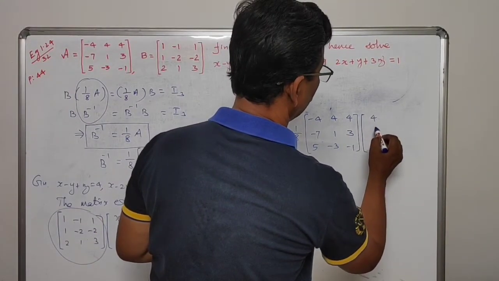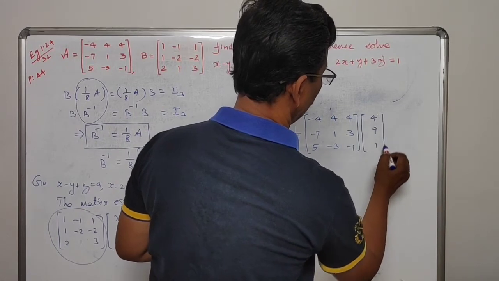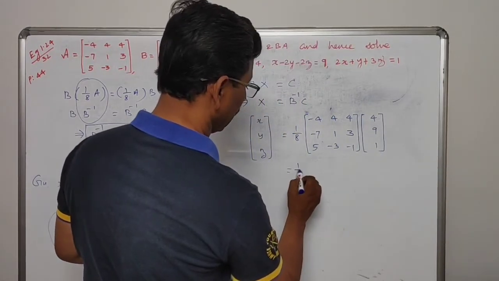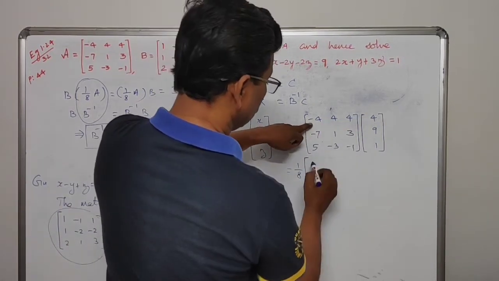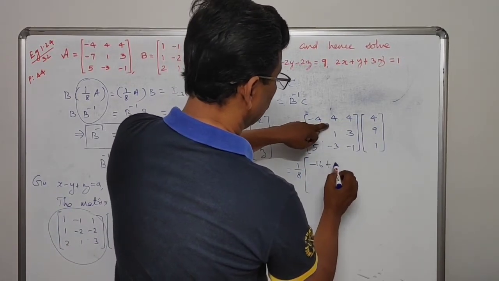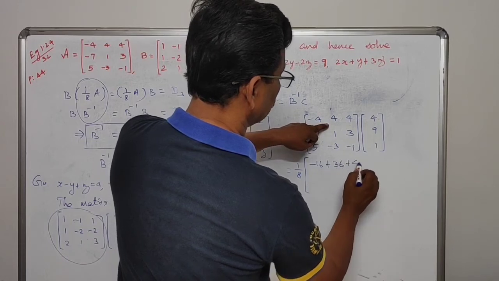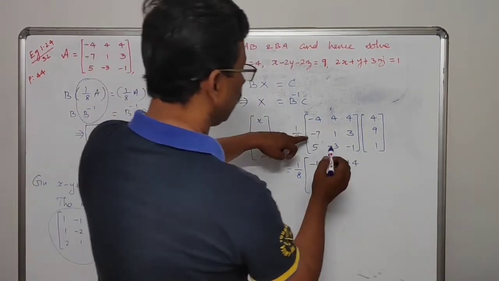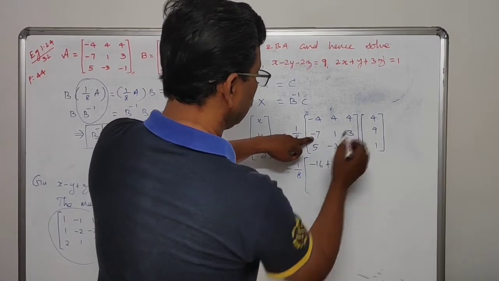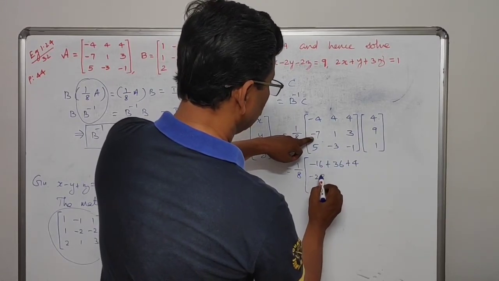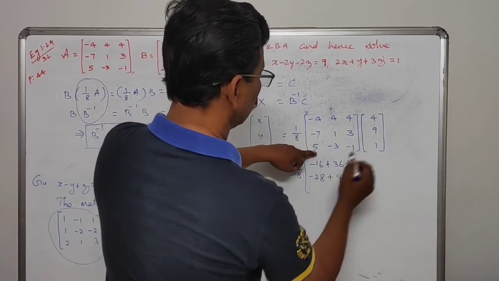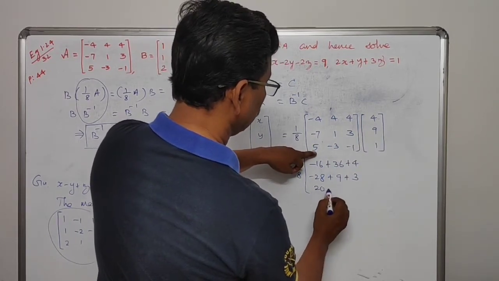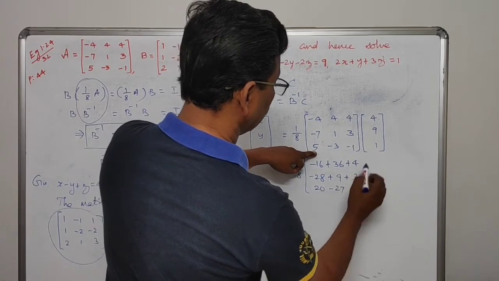Just keep this 1 by 8 as it is. Then, as usual, multiply row by column: minus 16 plus 36 plus 4, then minus 28 plus 9 plus 3, then last row 20 minus 27 minus 1.